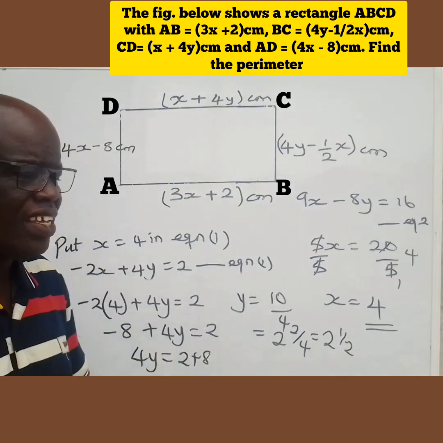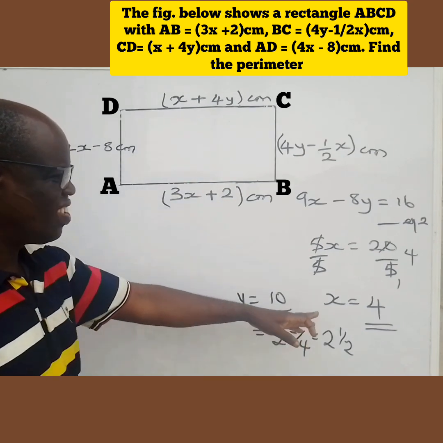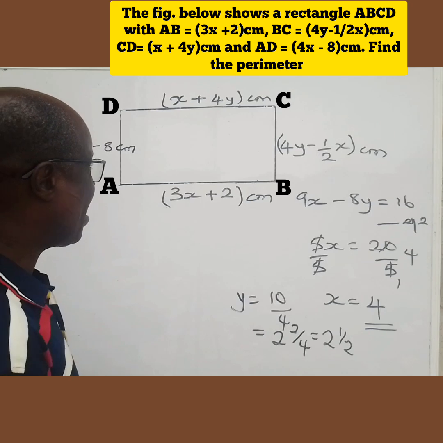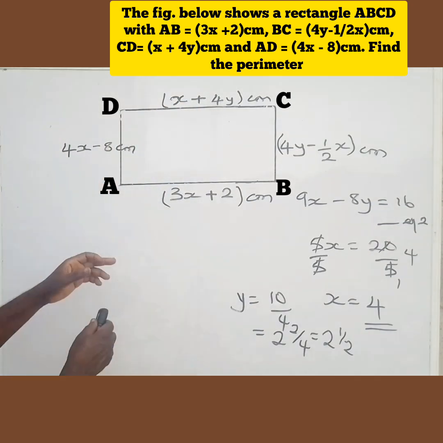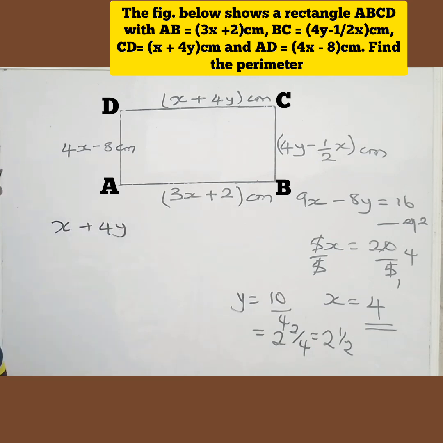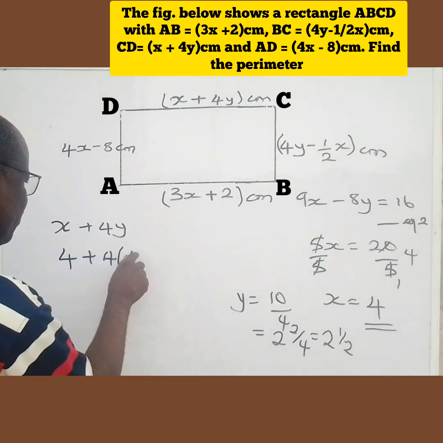So the work is now made simpler. Now come to any of these equations and substitute these values: x equal to 4, y equal to 2.5. Any of them, you will get the same answer. So let me use this one that looks simpler. You have x plus 4y. So my x is 4, my y is 2.5.